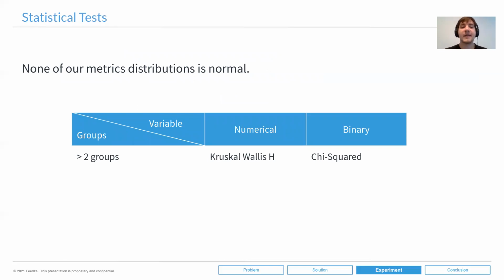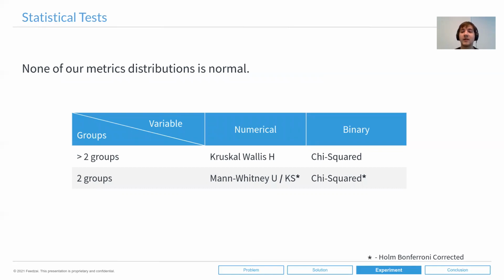For the statistical tests, we observed that none of our metrics had a normal distribution, and because of that, for time we used the Kruskal-Wallis H test when we were comparing more than 2 groups, and for binary variables, which were FPR, recall, and accuracy, we used the chi-square test.